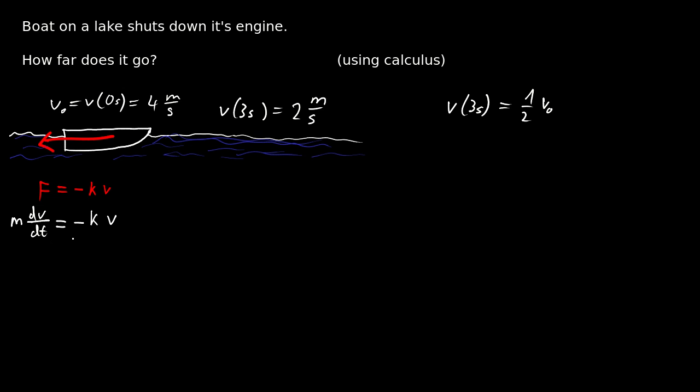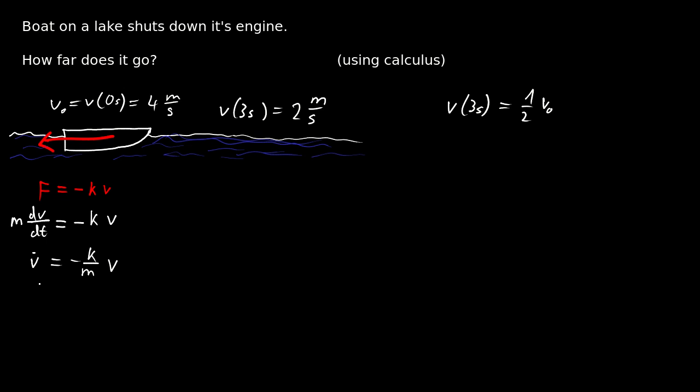What we have here is a first order linear differential equation, because this is just v dot equals minus k over m, a constant, times v. So we have the function and the derivative of the function, and that is a very simple case of a differential equation.